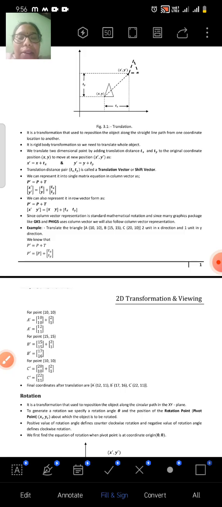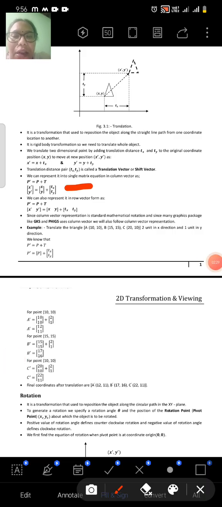The translation distance pair, tx and ty, is called the translation vector or shift vector. We can also use a single matrix equation for column vectors, that is p dash equal to p plus t.